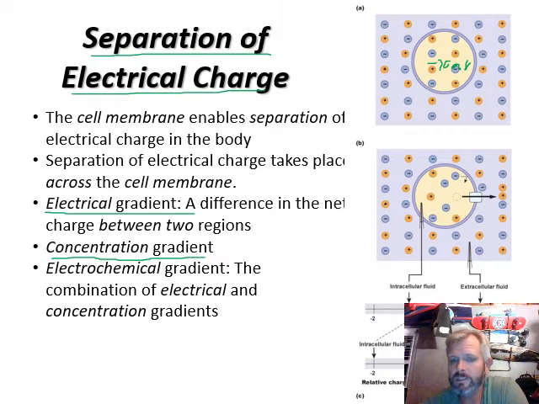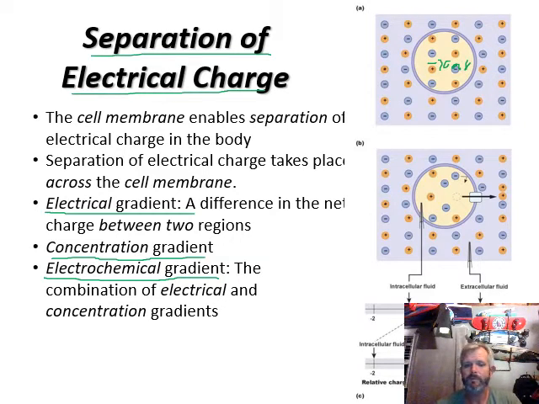Okay, if we put these two together, we can say there is an electrochemical gradient. There are two factors in play, and these two factors are what's going to determine how my ions move. I can move ions due to the concentration gradient, but we're also going to see that the electrical gradient can also have an effect on the ion movements.